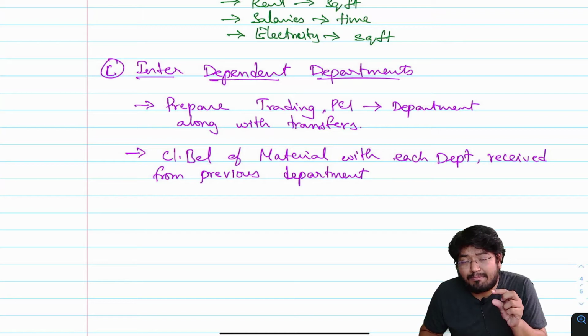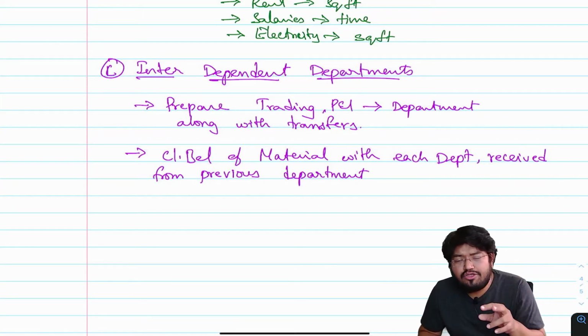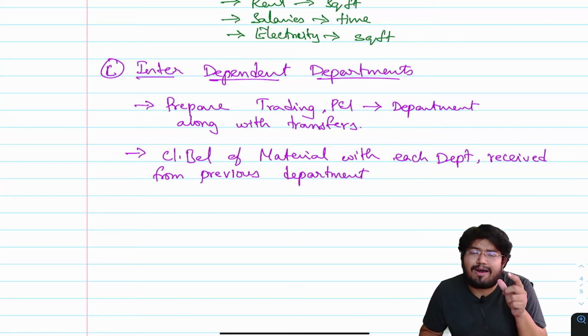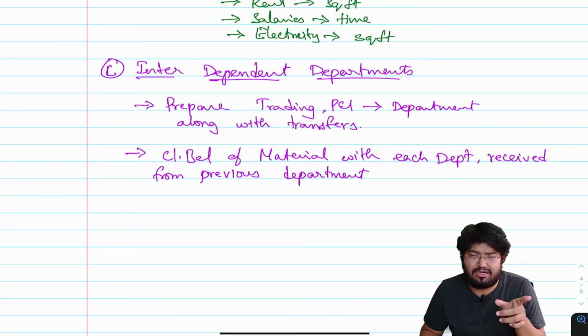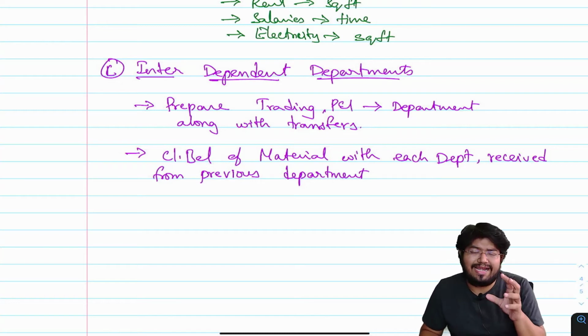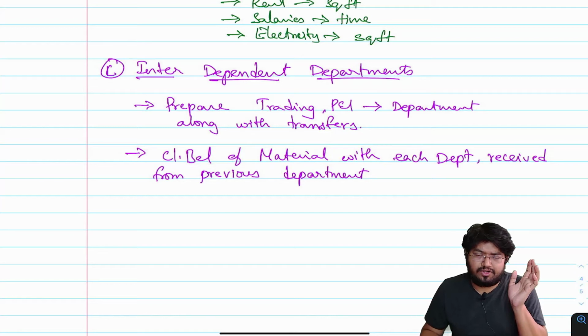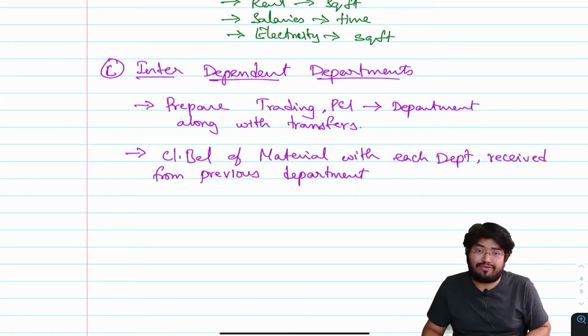You are adding some markup to the cost which is against the standard. Hence, you need to find out how much is the amount of markup inside the stock which is transferred from the previous department to this department, and that amount of markup is supposed to be eliminated by creating something called a stock reserve. Okay, so this is what we are supposed to be really cautious about in case of interdependent departments.